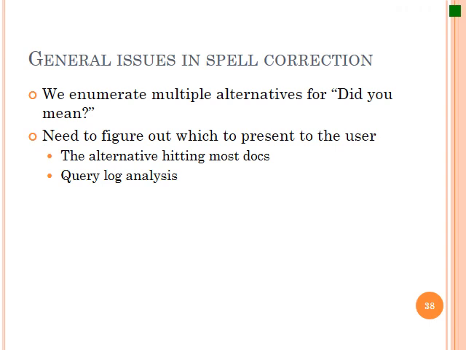Generally speaking, the approach here is that you need to enumerate many different alternative possible corrections for the did-you-mean question, and you need to figure out which to present to the user. Generally speaking, you want to present the alternative that has the most hits. So for this one, you may need to do query log analysis.